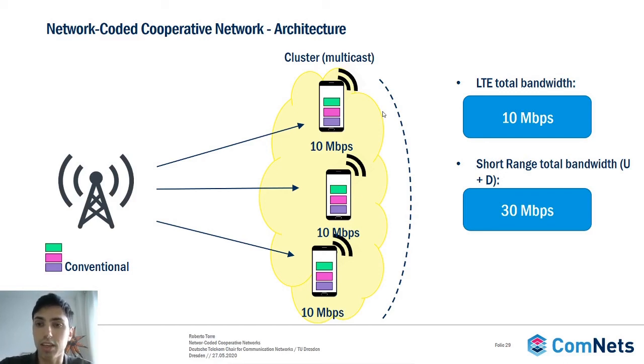The most important thing in here, in the end, is that we are going to be able to offload from this LTE to this short range, and this short range will not affect other similar mobile clouds that we may have. So we can have multiple mini clouds in our huge network, and they will not interact and interfere with each other.